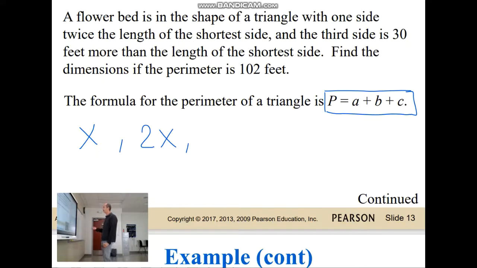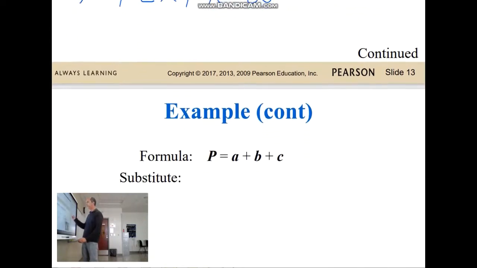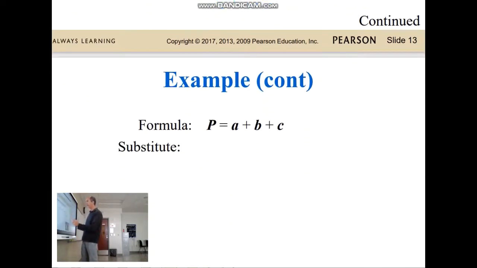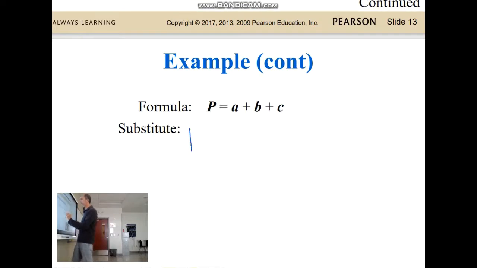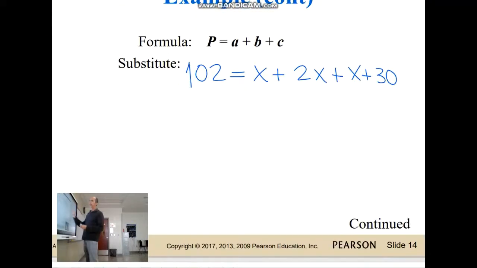And the other side is 30 plus X, or X plus 30. Now we have the 3 sides of the triangle. Apply the formula and substitute. So P equals, P is 102, right? Equals X plus 2X plus X plus 30.